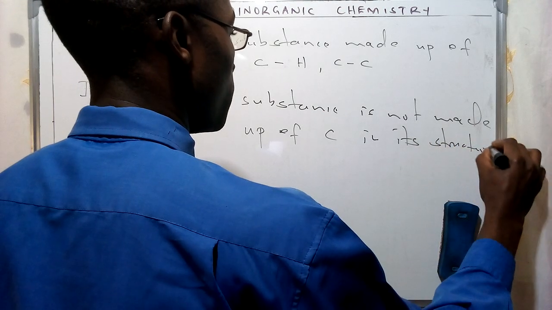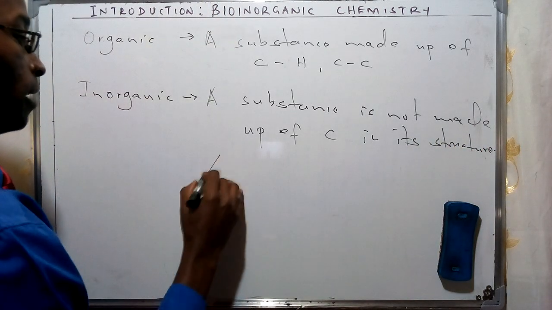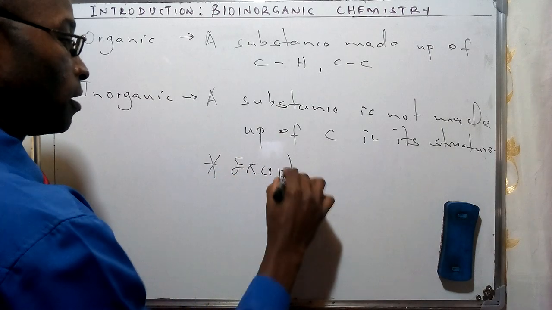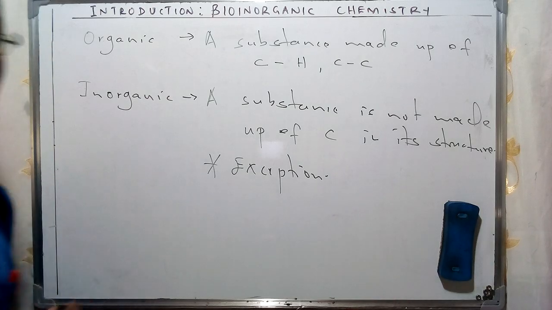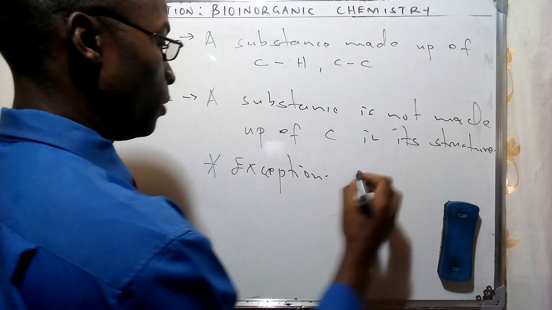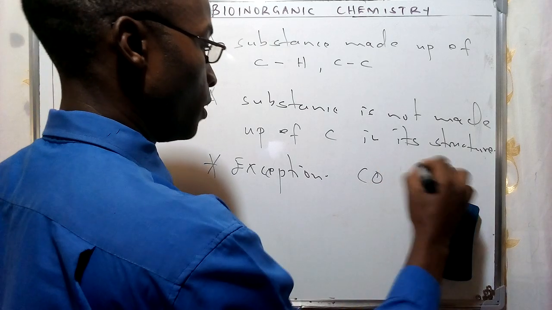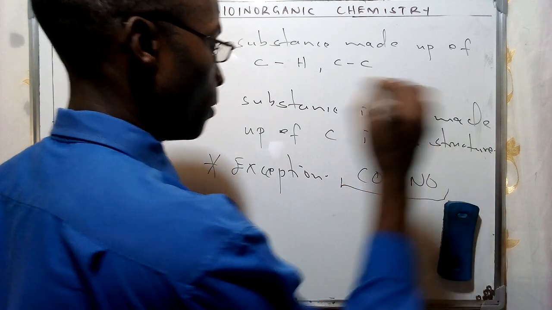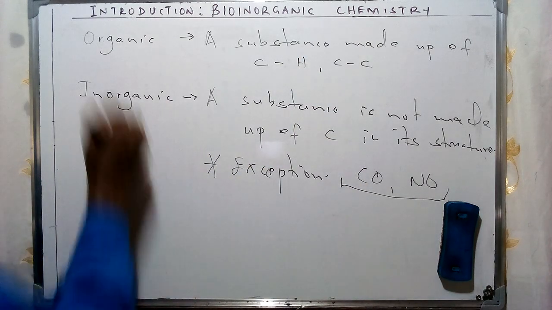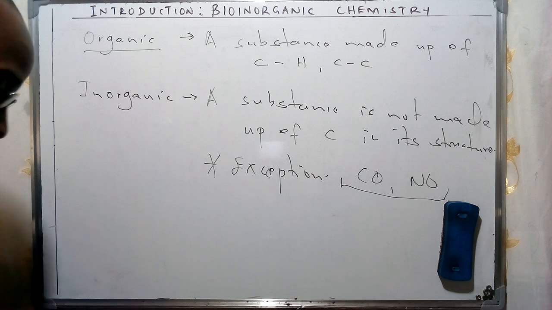So basically, it's the opposite of the above, but there are some exceptions which we come across, which help us to differentiate between organic and inorganic chemistry. If we consider the oxides of carbon and nitrogen, these compounds are not referred to as organic compounds. We elaborated on this specific case in our discussion on the concept of organic chemistry.